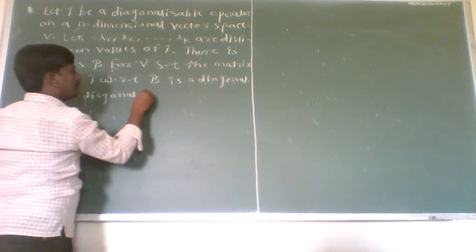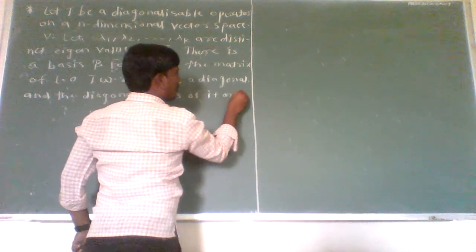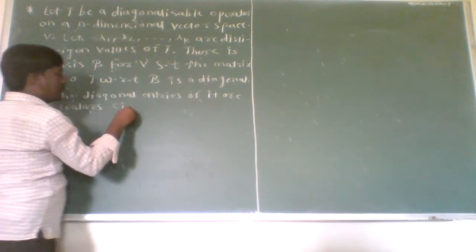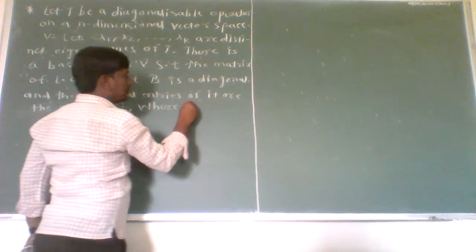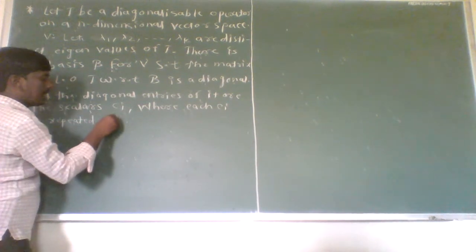The diagonal entries of this matrix are the scalars Ci, where each Ci is repeated di times.